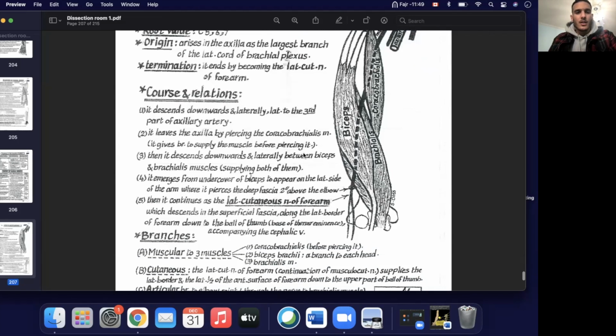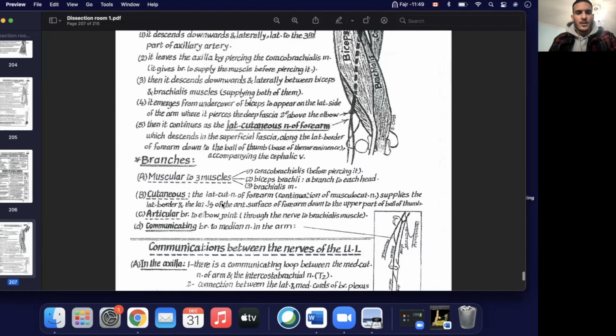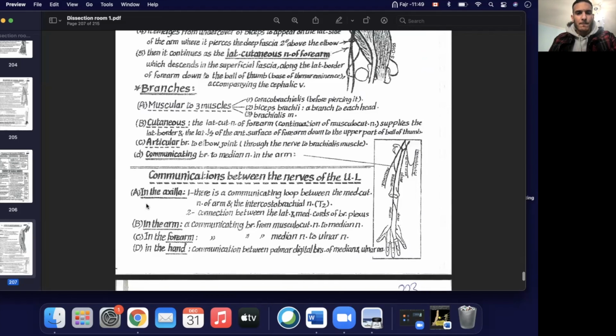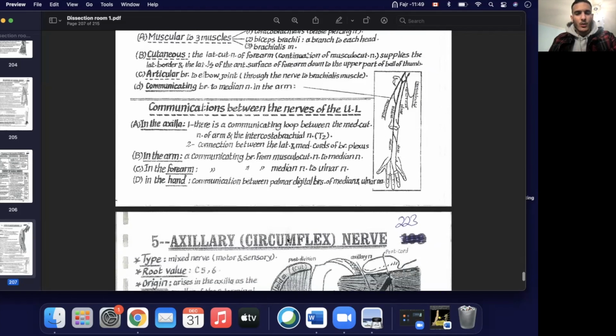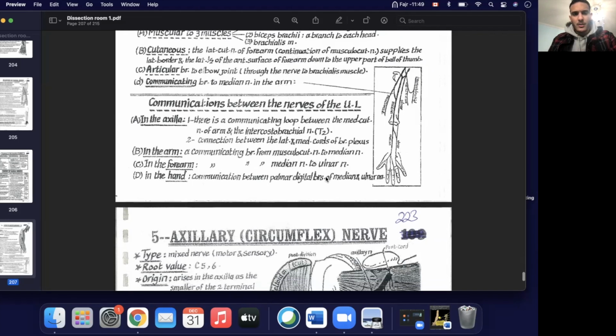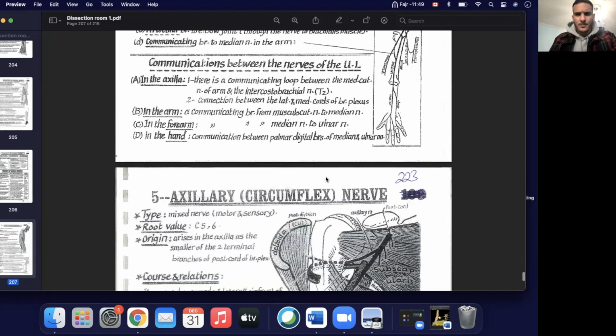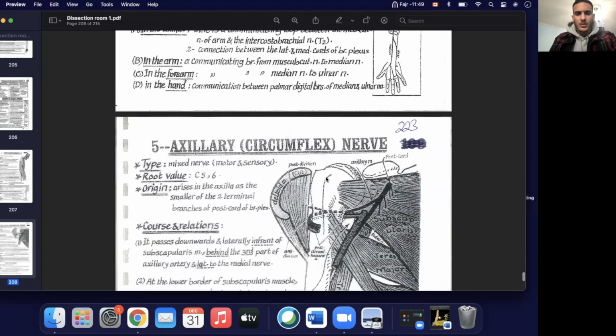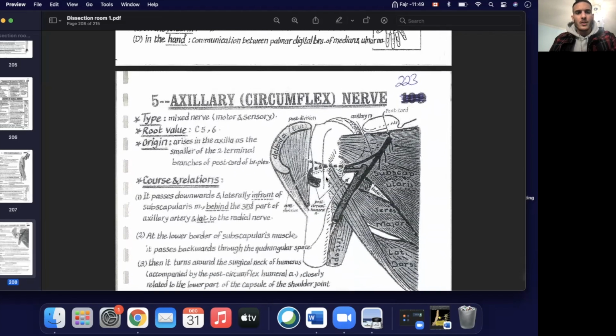So know the course and relations and the branches of it. It also communicates with the ulnar nerve, like in the forearm, median to ulnar. These nerves communicate sometimes, so you just have to know those when you're studying them.